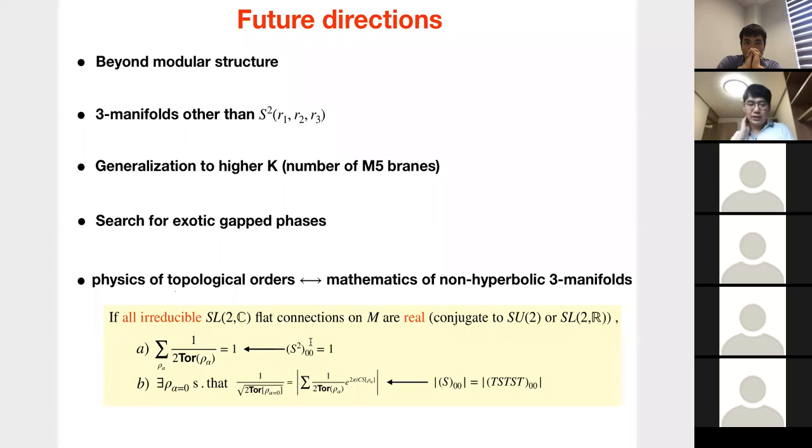For example, by requiring that there is only one ground state on S2 for a topological phase, it can be translated to a non-trivial mathematical identity on the three-manifold side. And another universal property of a topological phase can likewise be translated to a non-trivial mathematical identity.